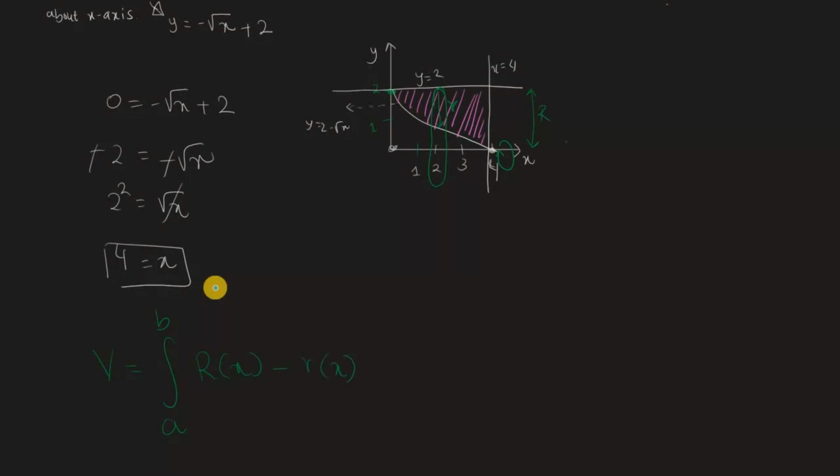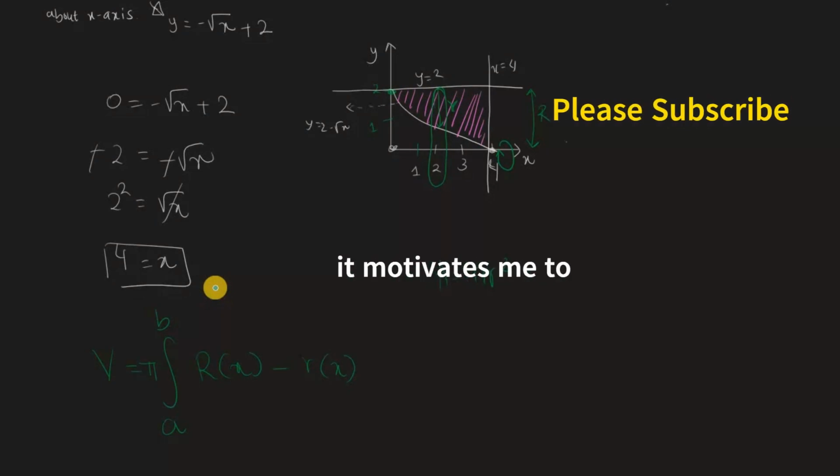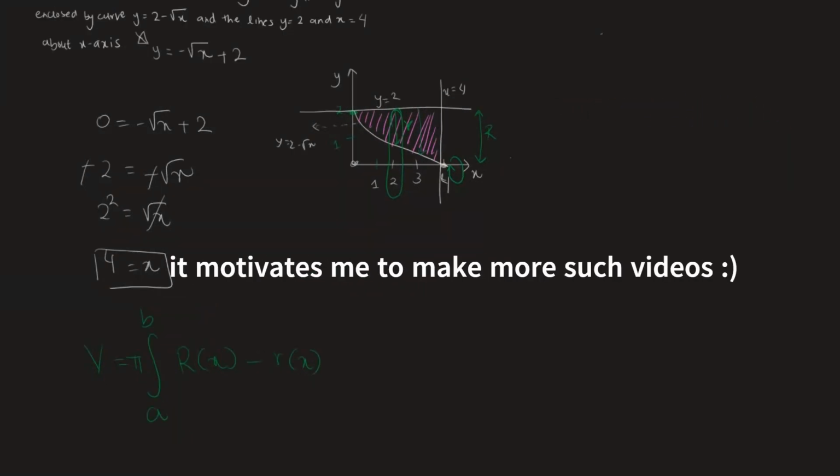Since you guys see it forms a disk, and the area of the disk is pi r squared, to find the volume we're going to integrate this. So the area is pi and then r squared. So this is the r, right? So you're going to square it.